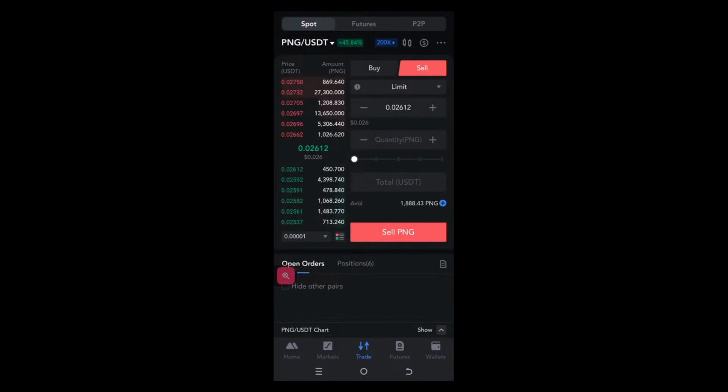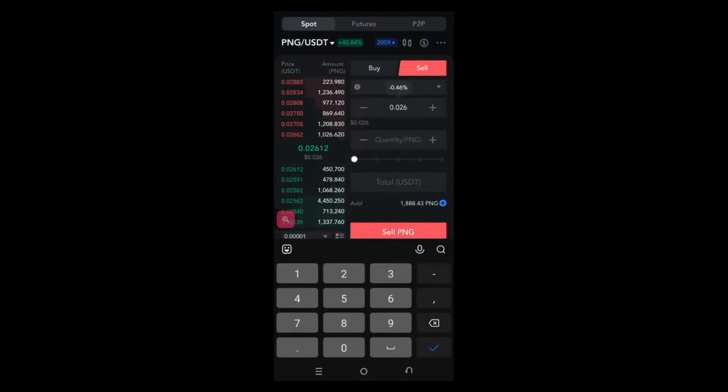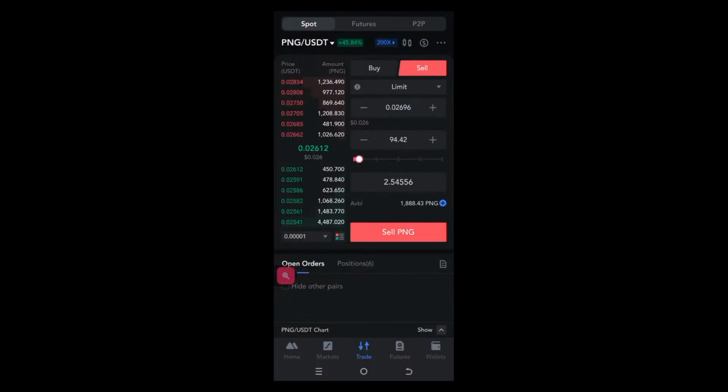Is it gonna go down? Is it gonna go up? If it's gonna go up, then I will just go with a higher one. 2.6. Okay, let me stay on the safe side, and then I'm just going to put 2.696, just to be on the safe side.